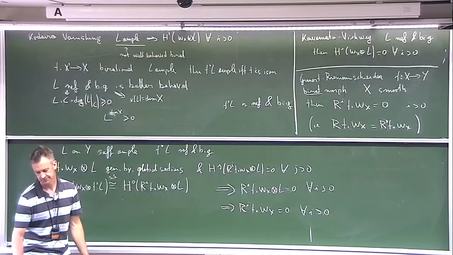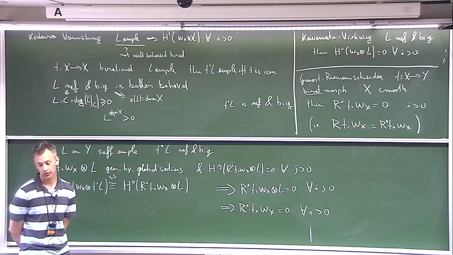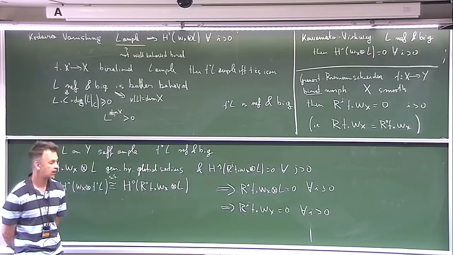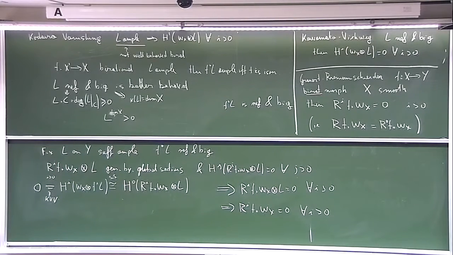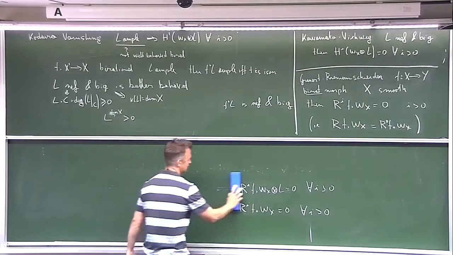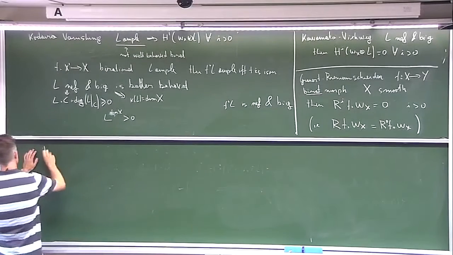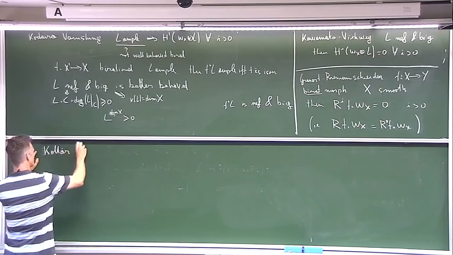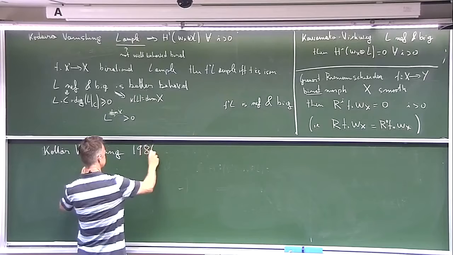So I'm nearly done with the vanishing results. The last result I want to mention will also play a role for us, and this is known as Kollár vanishing, and dates back to around 1986. It's probably János's first big result, as far as I'm aware.